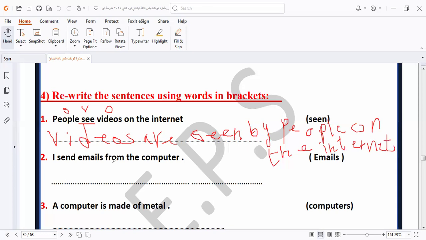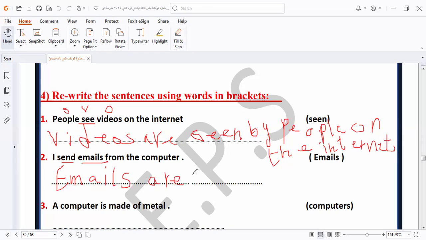I send emails from the computer. So I will start with emails. Is it past or present? It is present. Emails is plural, so it will be are sent.